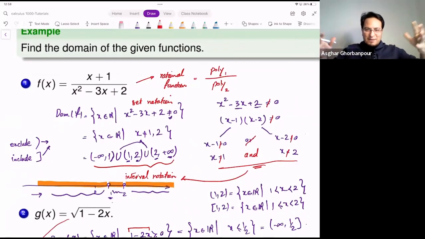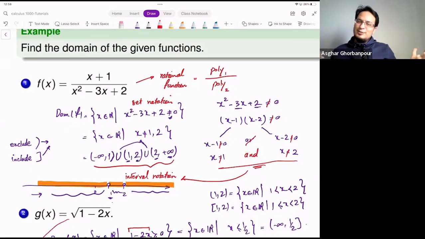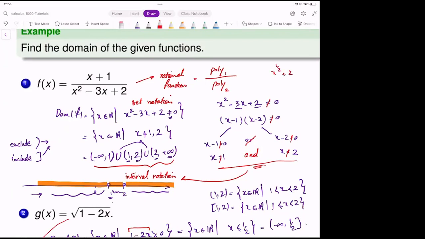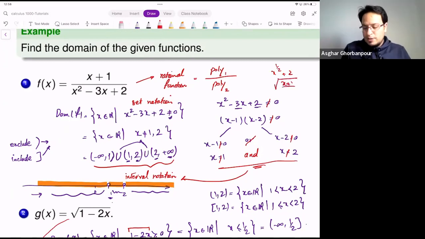If you combine them more than you're allowed, you can do that, but the name won't be polynomial anymore. For example, x to the power half plus 2 is not a polynomial. If you have something like x plus 1 over 2x minus 1, this is not a rational function anymore. This is a division of two rational functions.